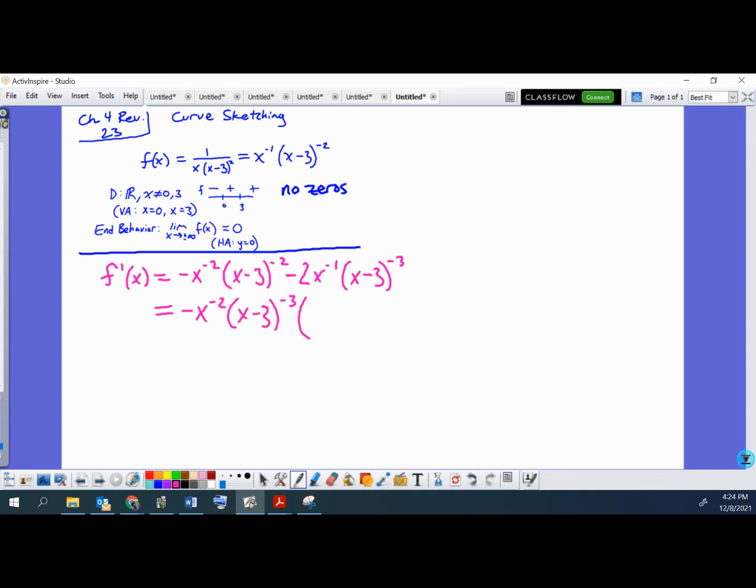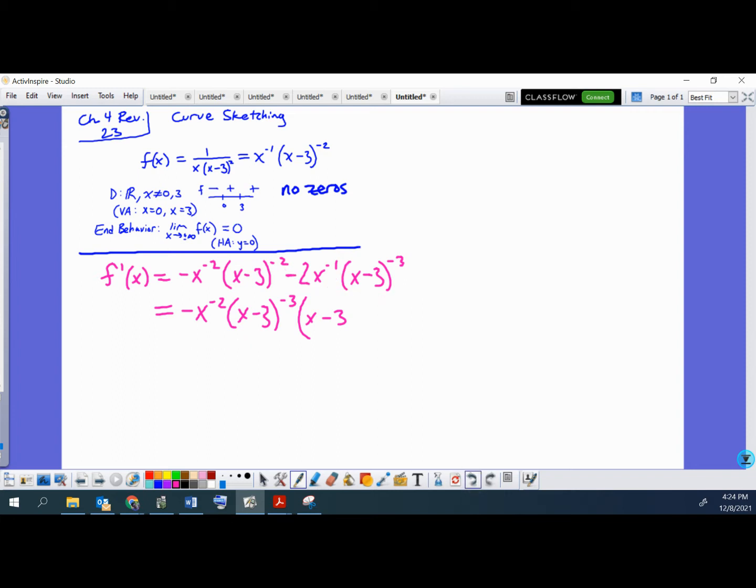And what's left? Well, from this term, we took out the entire negative x to the negative 2, and we just get one of these, right? x minus 3. And then we took out the negative x minus 3 to the negative 3, that's this.